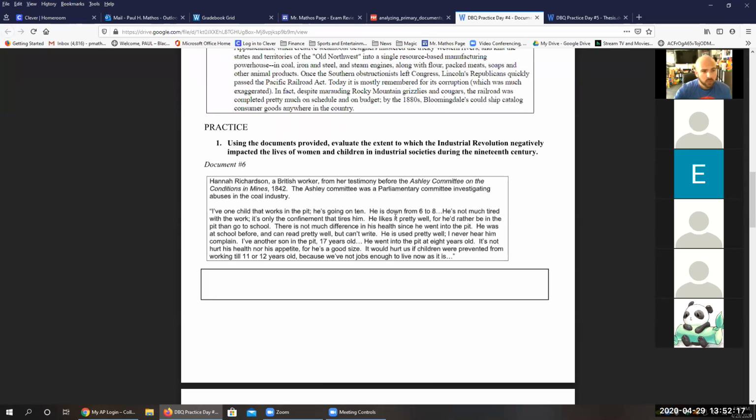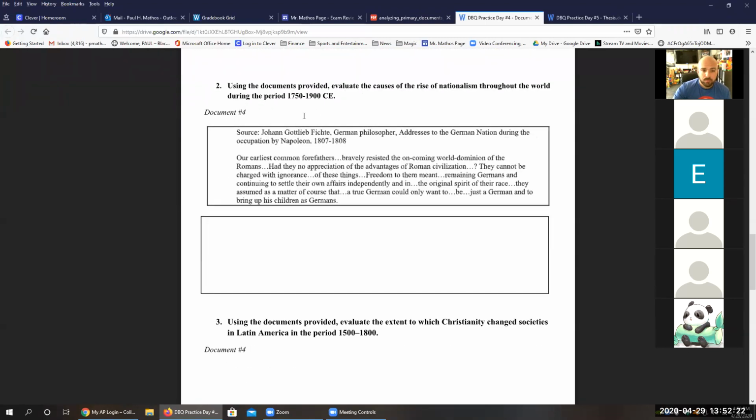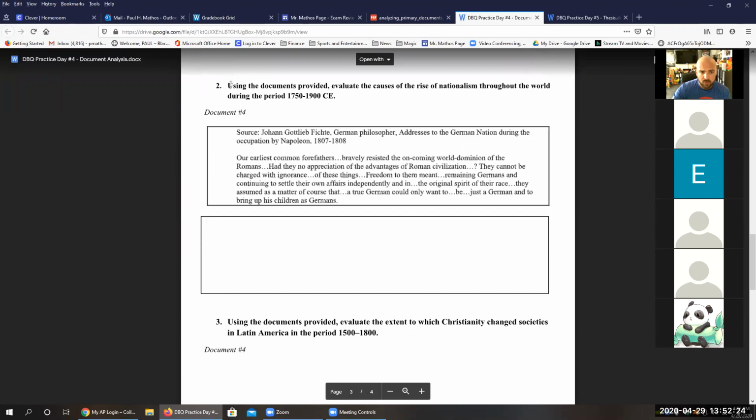All right, so let's go to practice 2. Now that you've heard one of the exemplars, one of the better ones, try to go to the next document, which says, using documents provided, evaluate the causes of the rise of nationalism throughout the world during period 1750 to 1900.